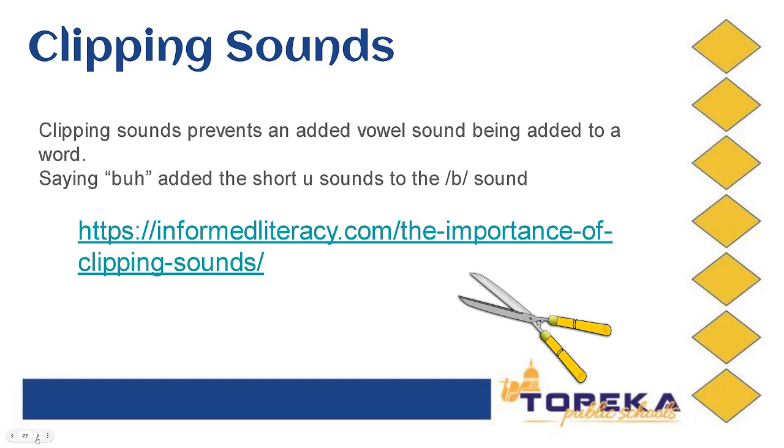Notice that we're adding a short U sound to the B. So when students write, they might write B-U-A-T for bat, and you might be thinking, well, where did that vowel sound come from? It's been added because when you say "buh," they hear that short U sound as well. So when we say the sound that represents the letter B, it would be "b." Notice that I cut that sound before the U.